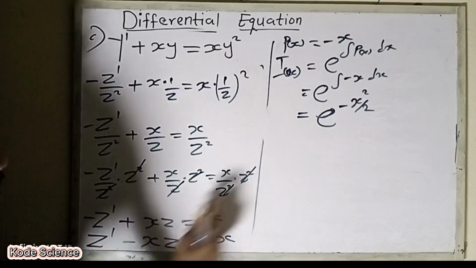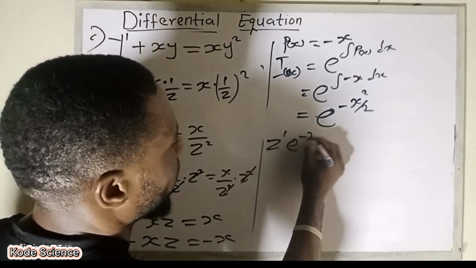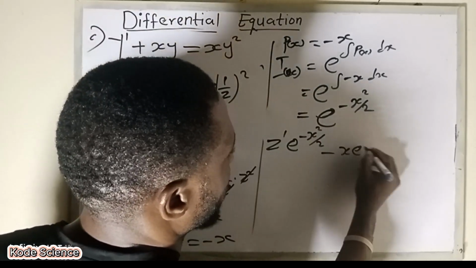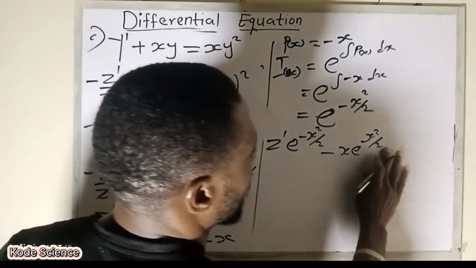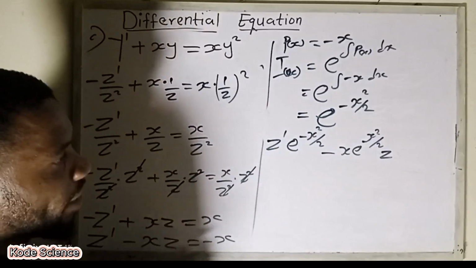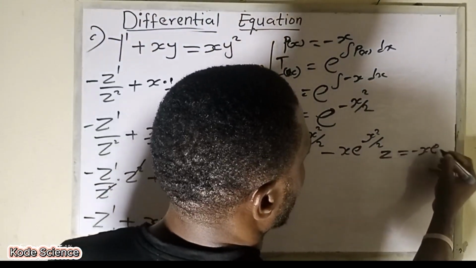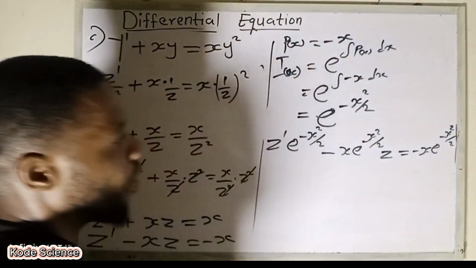So when we multiply all through, we're going to have z prime exponential negative x squared over 2 minus x exponential negative x squared over 2 times z, which is equal to negative x exponential negative x squared over 2.